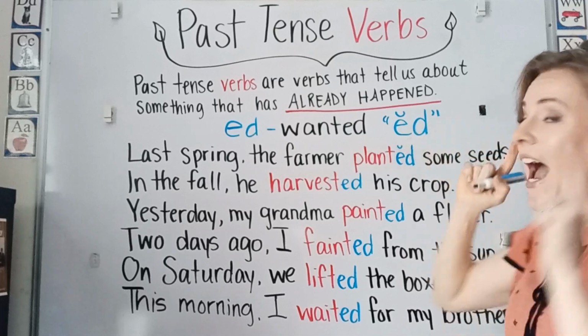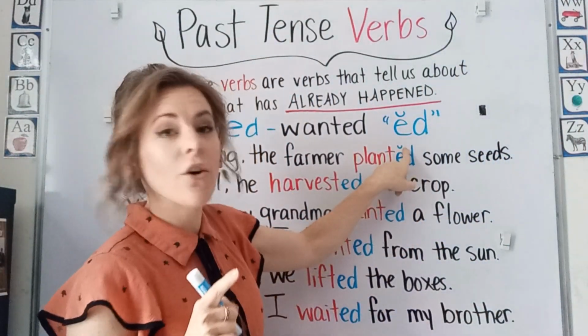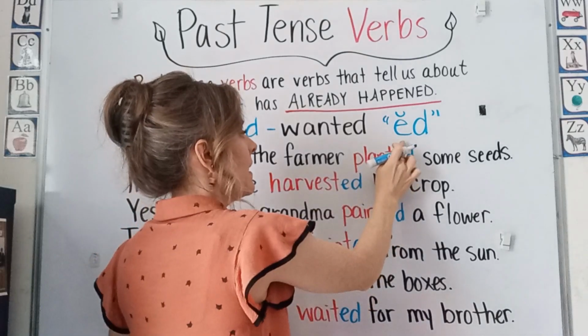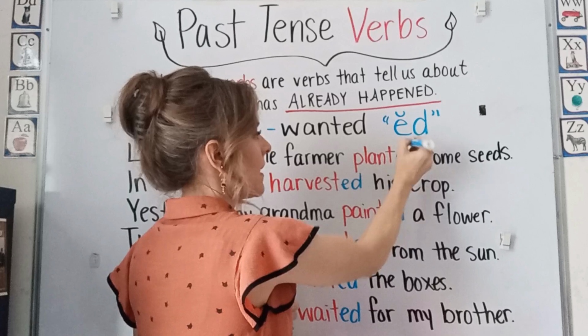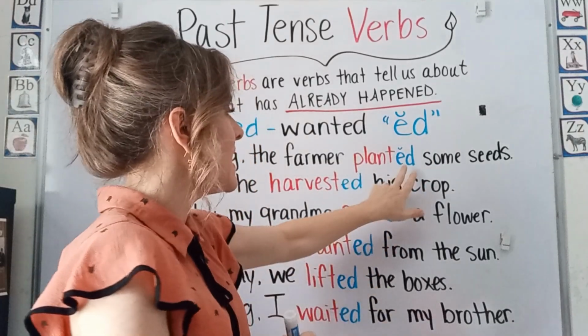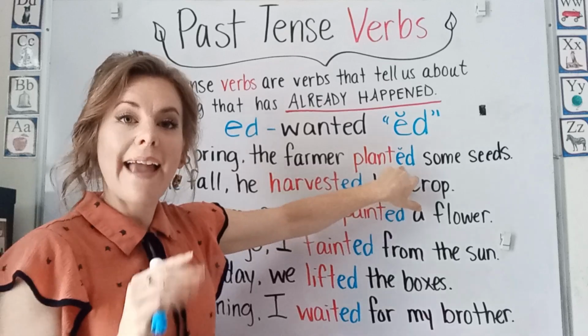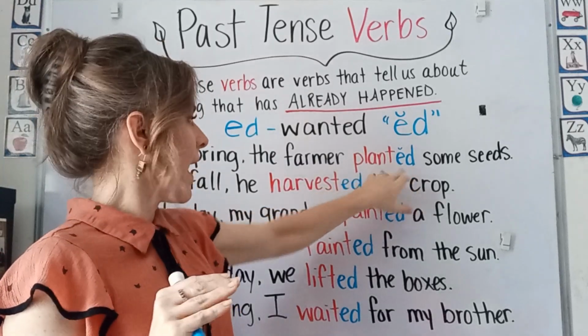So this sounds like a short E with a D. Now, we don't need to put that there, but it's what it sounds like, okay? This is a special sound ed, and it sounds like d, ed, okay?